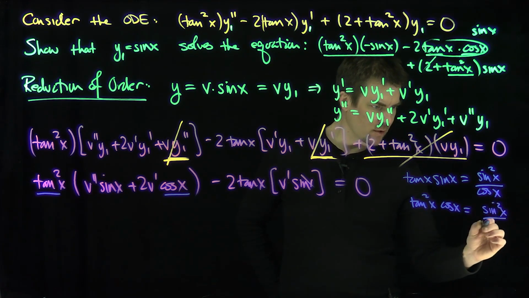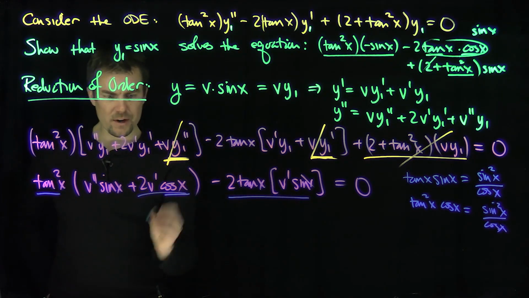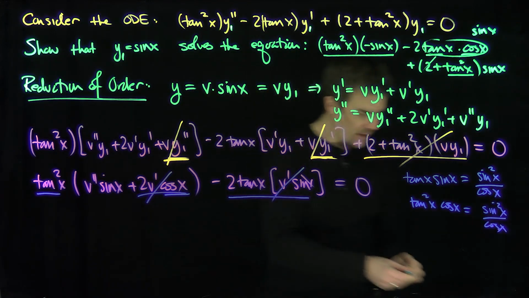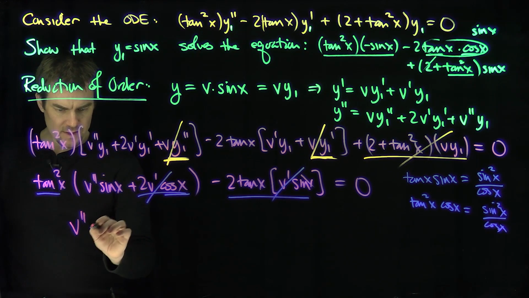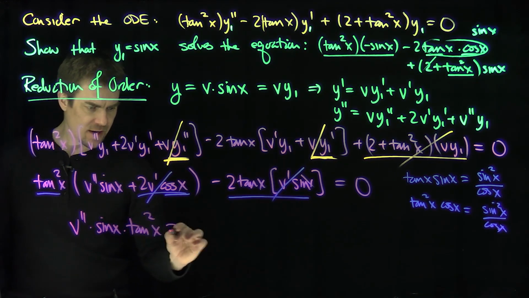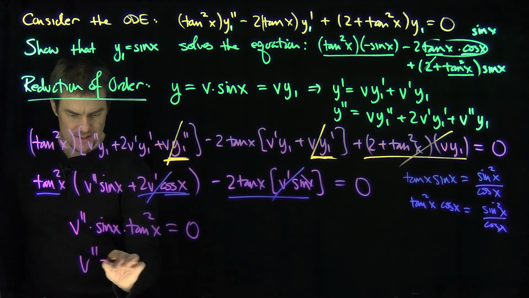So that's sine squared of x over cosine of x. So in fact, these two terms are going to cancel out as well. And all we're left with is v double prime times sine x times tangent squared x is equal to 0. And of course, that tells me that v double prime has to be 0.